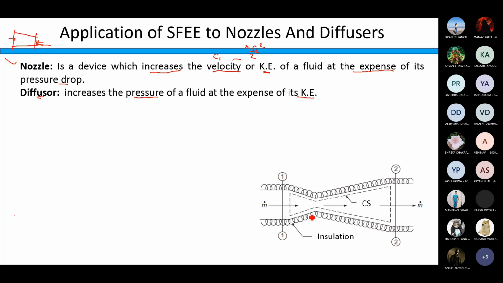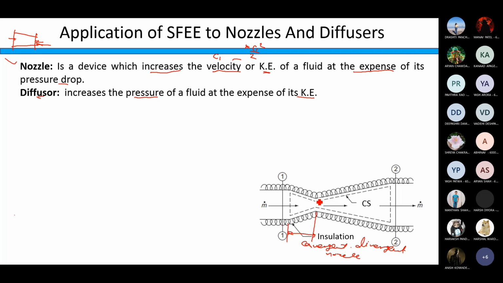This is a typical diagram for a convergent divergent nozzle. Up to this point, this portion is called the convergent cone, where the flow area is reducing.